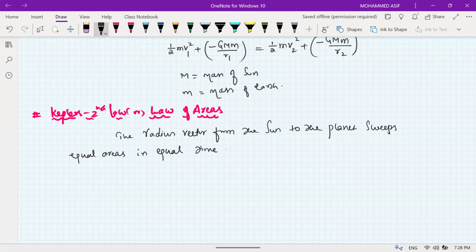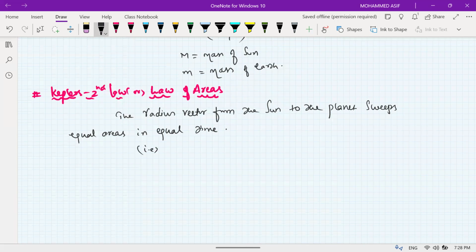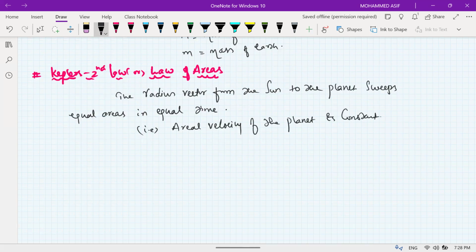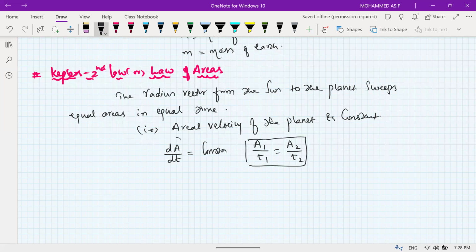That is, the areal velocity of the planet is constant. Areal velocity means dA by dt, and dA divided by dt is equal to a constant. That means A1 divided by T1 will be equal to A2 divided by T2.